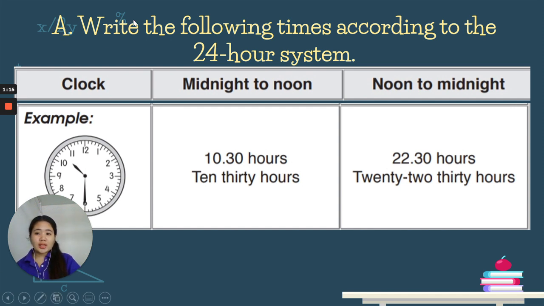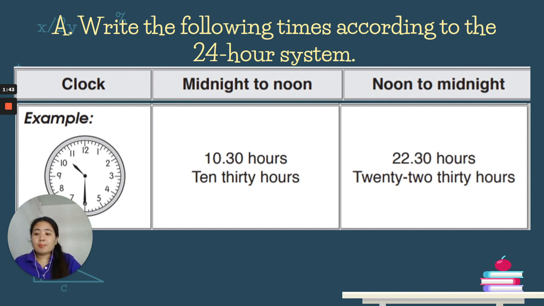So here we have a clock, midnight to noon and noon to midnight. So this is the morning and this one is in the afternoon or at night. Remember, this is a 24-hour system. If you look at the clock, look at the short hand first: 1, 2, 3, 4, 5, 6, 7, 8, 9, 10. So that is 10, right?